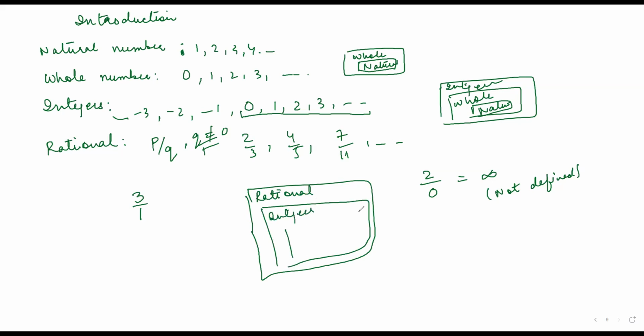And as I have seen, integers contain whole numbers inside it, and whole numbers contain natural numbers. So that's how my picture is looking, right? That means all the integers are rational numbers, all the whole numbers are also rational numbers, all the natural numbers are also rational numbers. Okay, Adil? Fine, Zainab? This we have done so far, right?